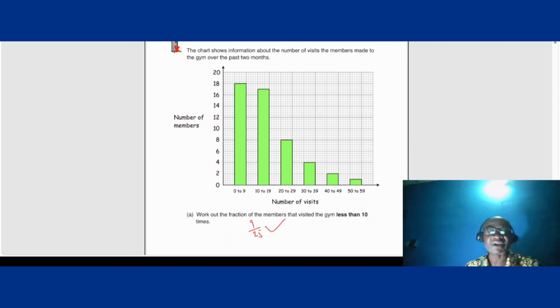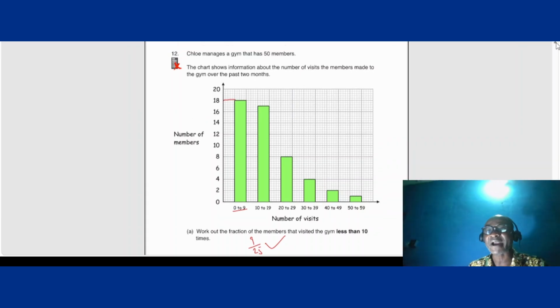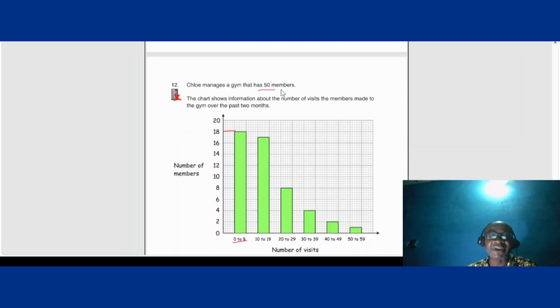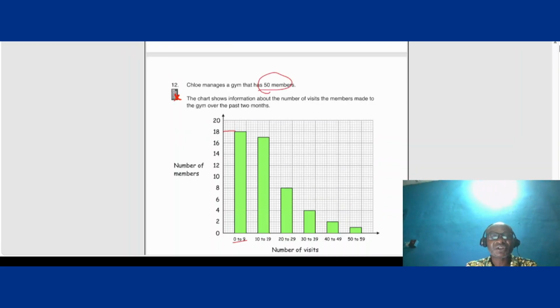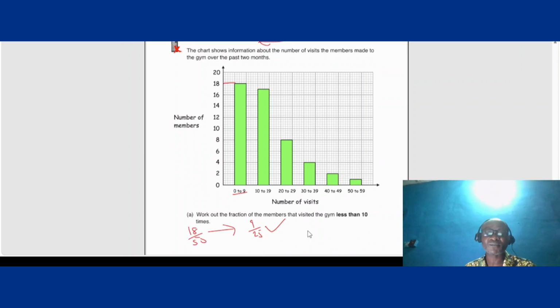Your answer is correct, because the visitors who came less than 10 times are just the first rectangle, which is 18 members, and all the members were 50. So 18 over 50, reduced to the simplest fraction, makes your answer accurate.